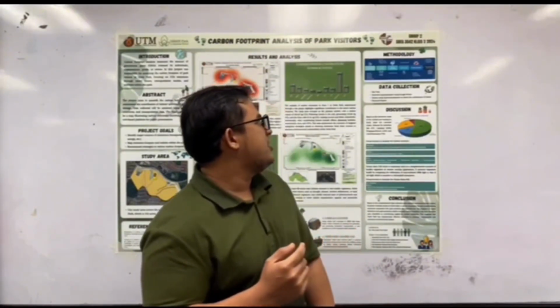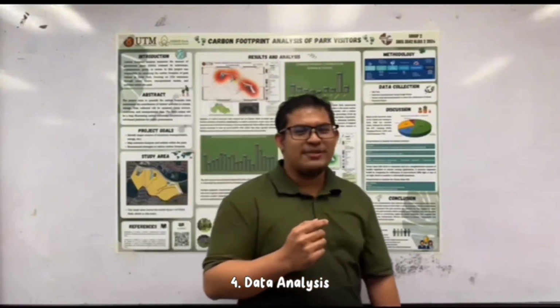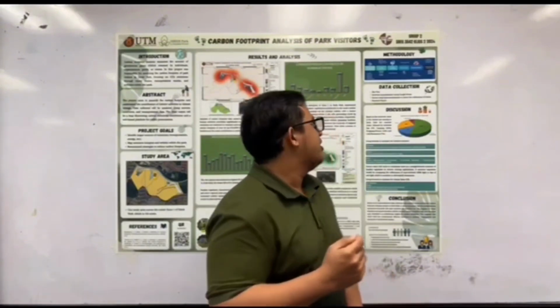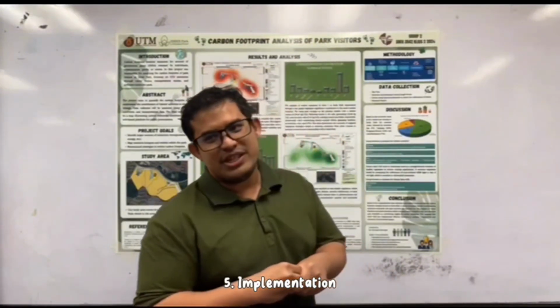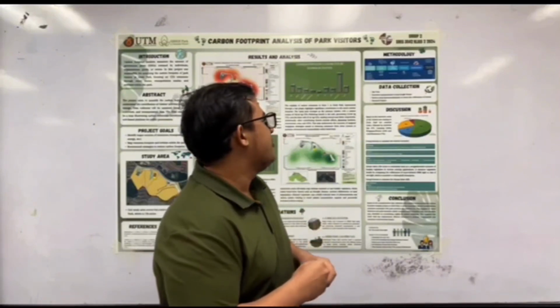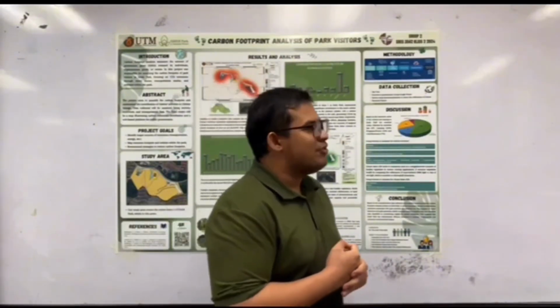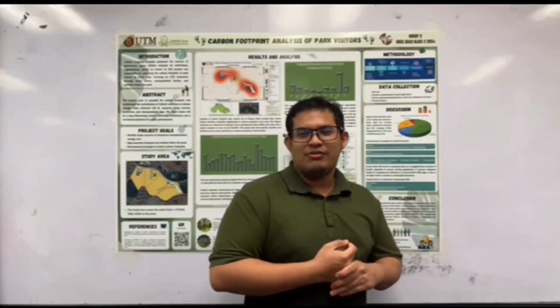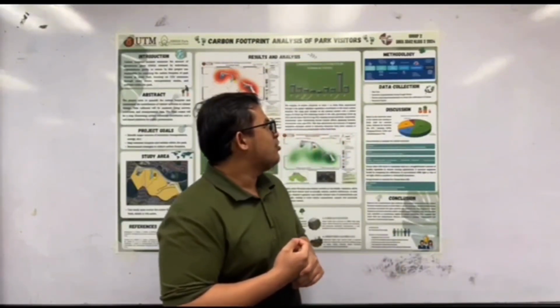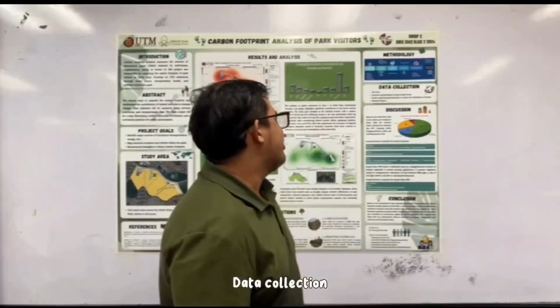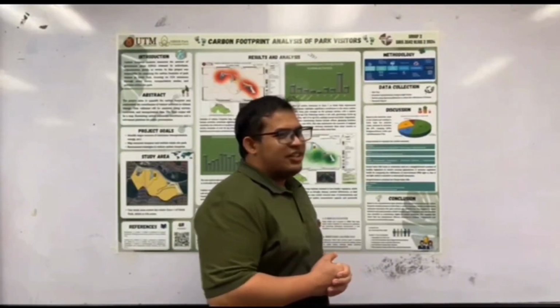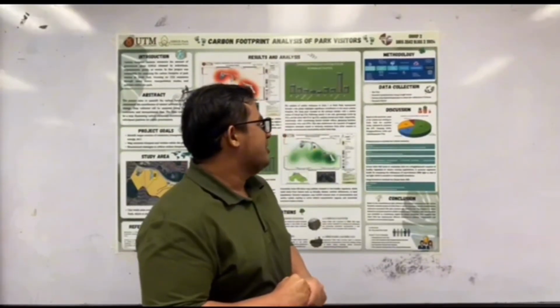The fourth phase is generating a heat map by QGIS. Number 5, we do database development and also develop a website for our project. And lastly, we make a Gantt chart to make sure our project is on time, and also we make a report.